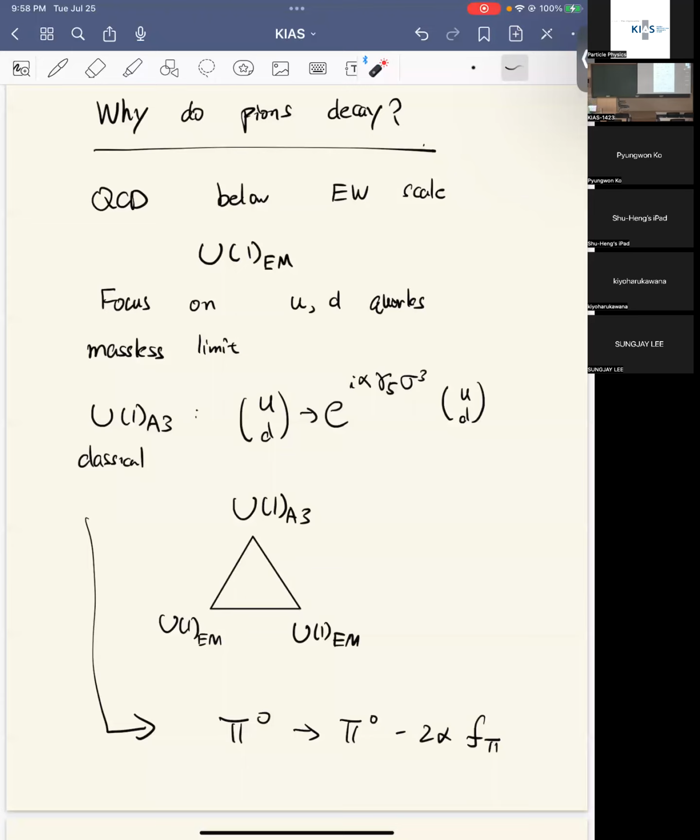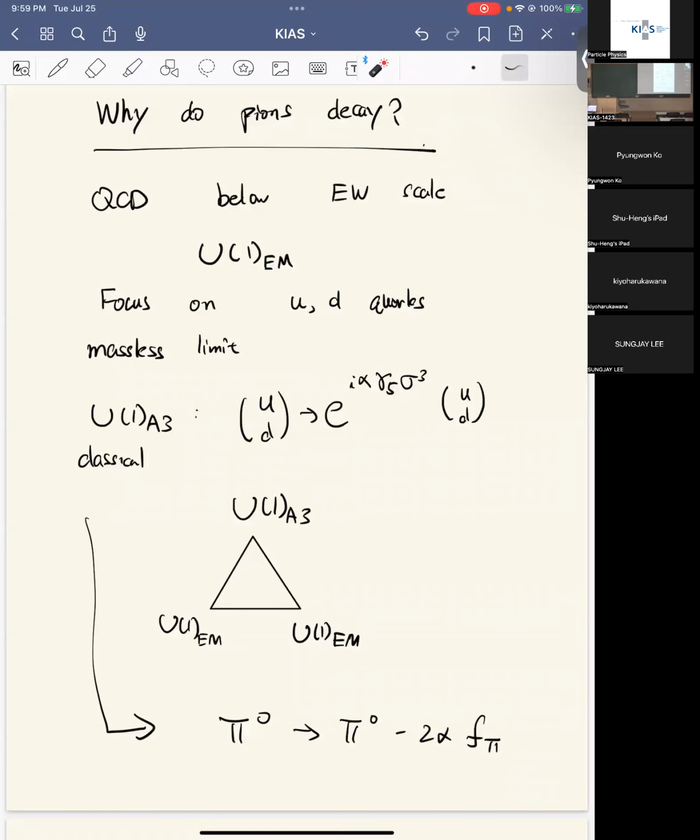No. I think this is very interesting because in the traditional calculation of the Wess-Zumino anomaly, you really need three flavors, and then the pi0 to 2 gamma decay is a kind of consequence of the three flavor chiral symmetry. Maybe my understanding is not right, but that was my understanding.